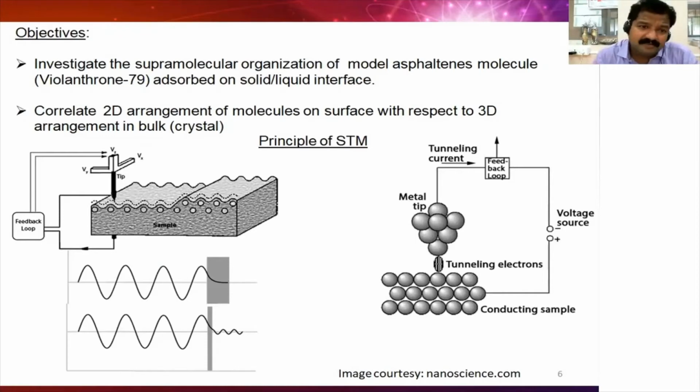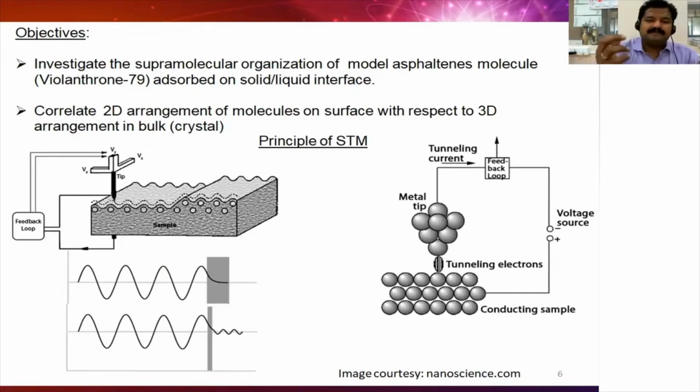The technique that we use here is the scanning tunneling microscope technique, where we have a conducting tip in the form of a platinum iridium wire that is being cut, and our sample is highly oriented pyrolytic graphite, which is an excellent surface for STM imaging.